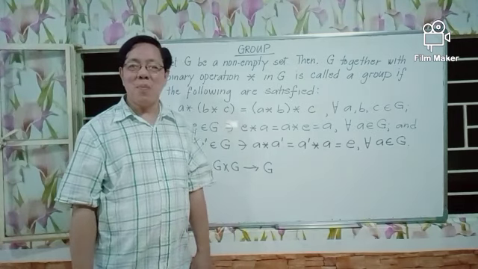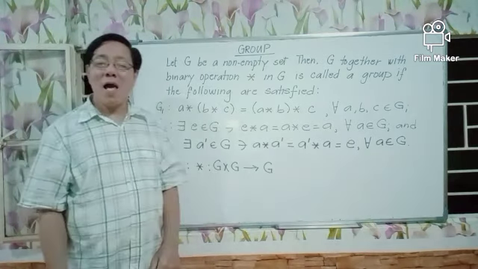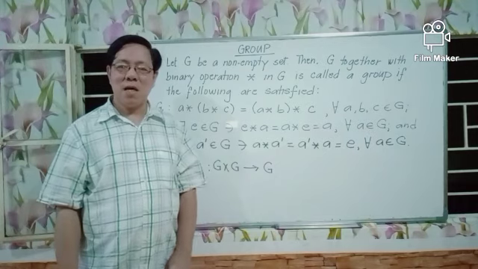And the second property of a group, denoted by G2, is the existence of an identity element.